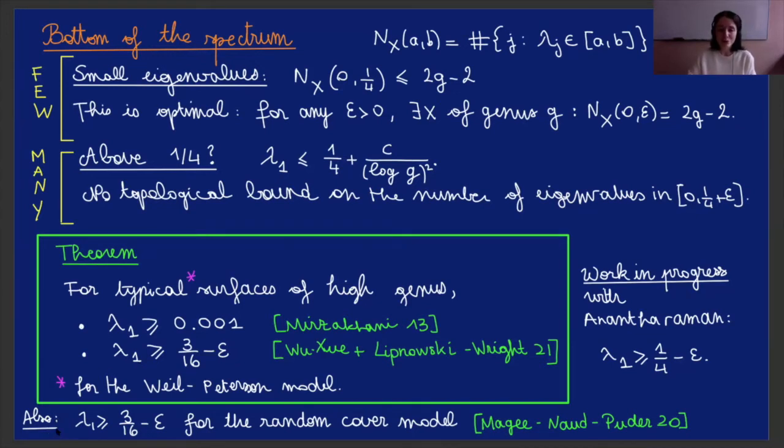So there's another model using random covers in which the same result was proven last year. I'm currently working with my advisor, Nalini Anantharaman, on proving the result with a quarter rather than 3/16. This would be the optimal result because we know that lambda1 is bounded by a quarter plus something going to 0. So you couldn't replace a quarter by any bigger value here.